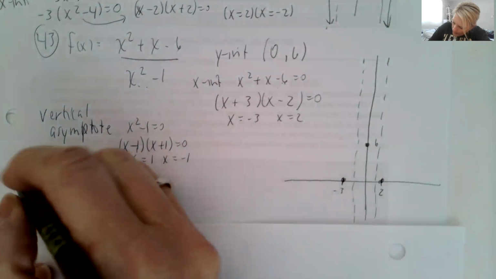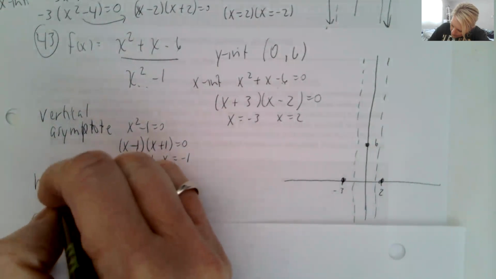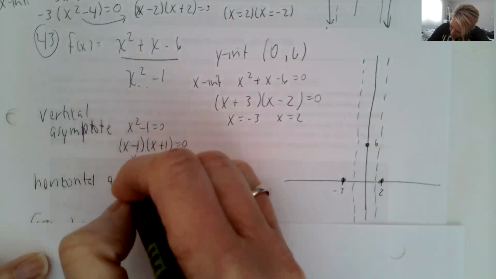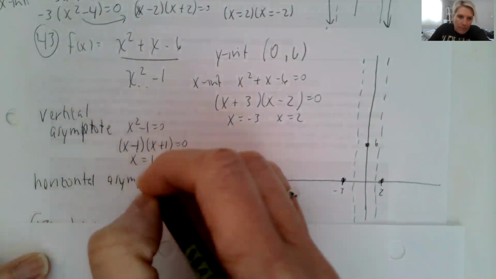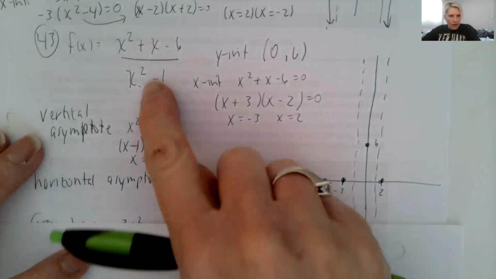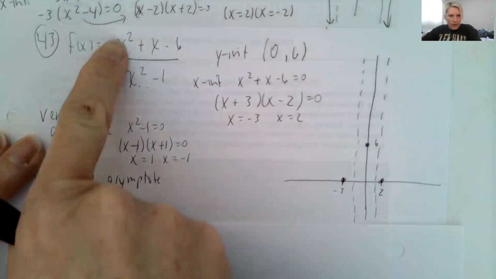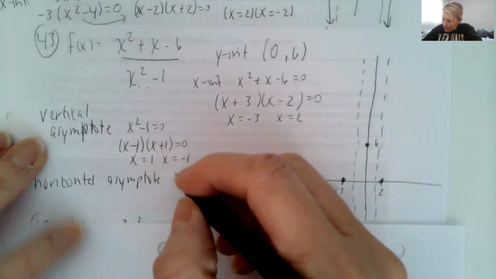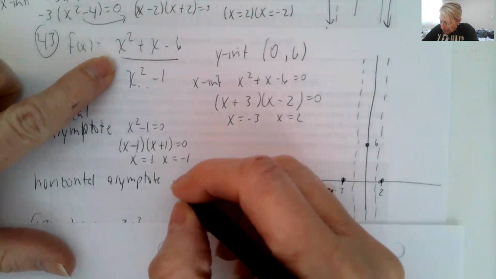And then our horizontal asymptote is, we have our degrees are both degree of 2. So it's just at the coefficients, right? 1 over 1.